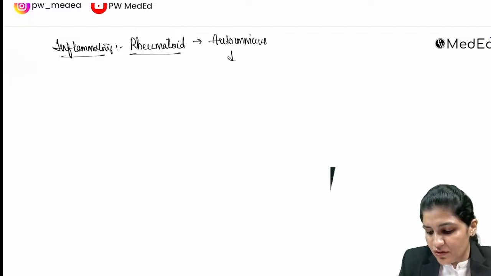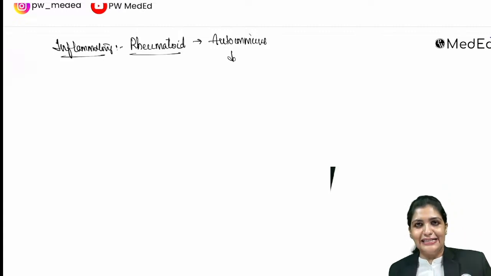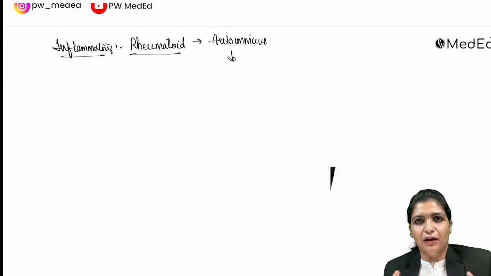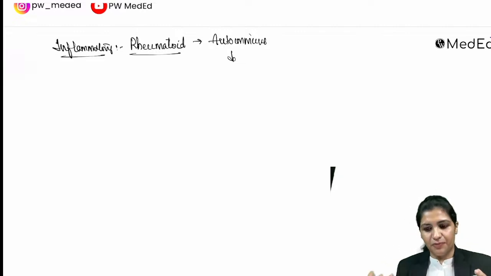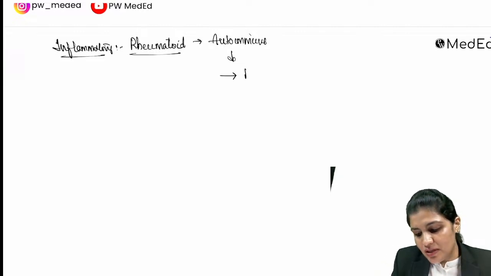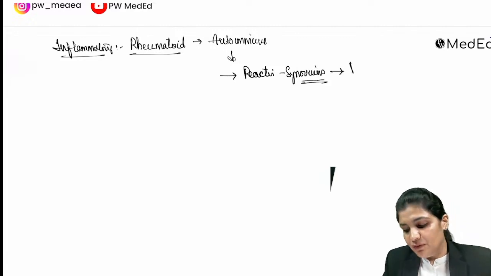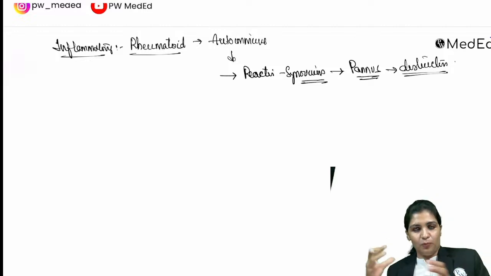Antigens are already present in your body, antibodies are produced, and these antigen-antibody reactions cause effects in the synovium, forming what is called pannus, and this will destroy your joint. This is the scenario seen in rheumatoid arthritis.